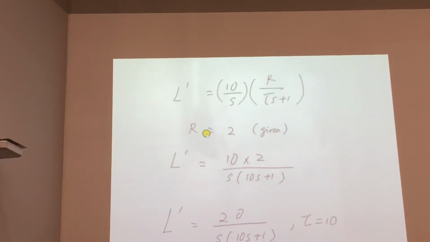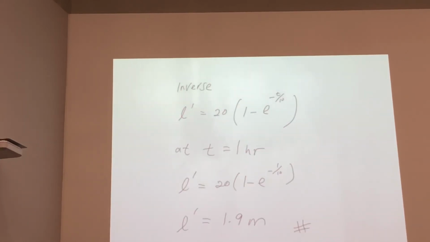And the question gives you R equal to 2, so you just substitute in L prime equal to this. And later you get L prime equal to 20 over s(10s plus 1), and tau is actually 10. Right? Because this is in the Laplace format, I have to inverse it. When I inverse it, L becomes the capital letter back to L prime.